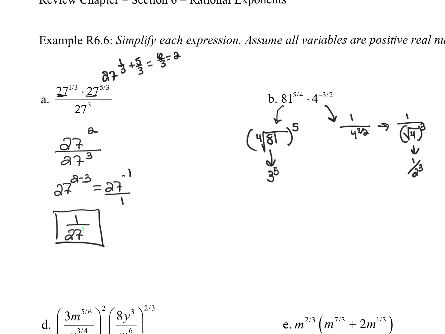So let's put it back together. This was in the top, this is in the bottom, because it's a fraction, because when I multiply these together, I have 3 to the 5th times 1 over 2 to the 3rd. So when I do this, I get on top 3 to the 5th over 2 to the 3rd. 3 to the 5th is 243. 2 to the 3rd is 8.